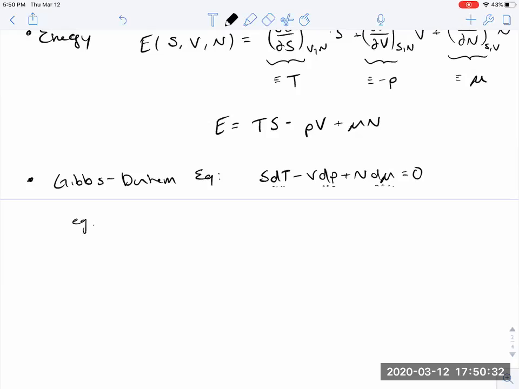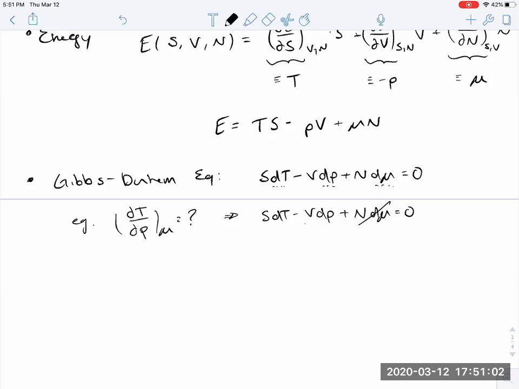For example, if I wanted to know how the temperature changed with pressure, say at fixed chemical potential, well, I'd use this Gibbs-Duhem equation. So if I fix the chemical potential, I'll have S dT minus V dP plus N d mu, all that has to equal 0. So if I fix the chemical potential, that goes away.